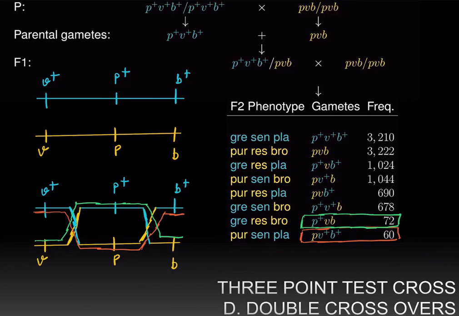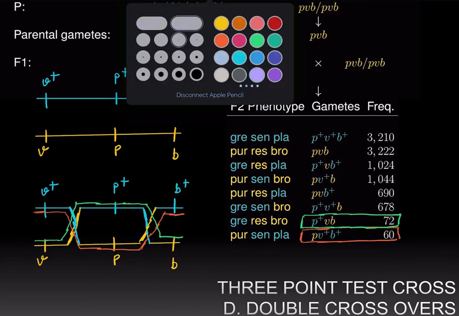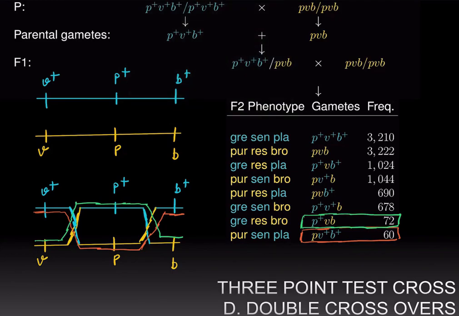However, visualizing these crossovers makes it apparent that in fact these are recombinant genotypes, and they are the result of double crossover events. And even though V plus and B plus haven't changed places, it's P plus and P that have swapped chromatids, and therefore these are recombinant genotypes.